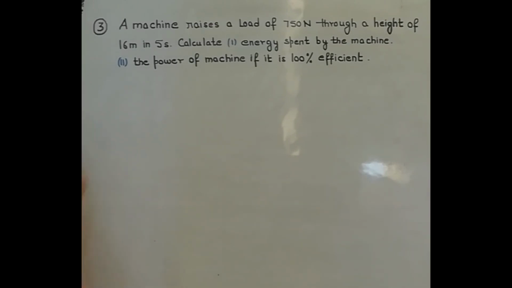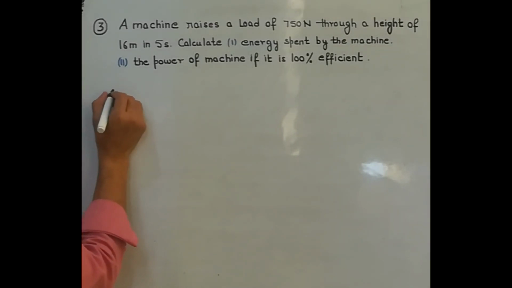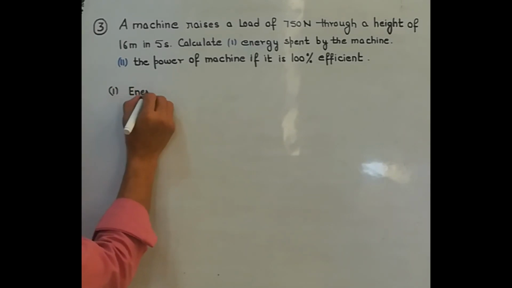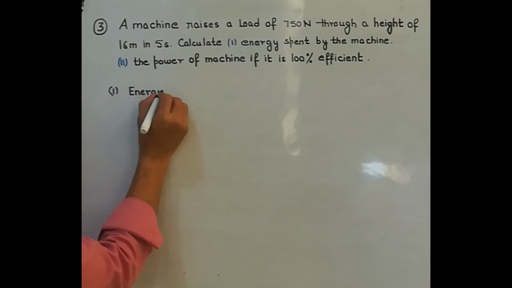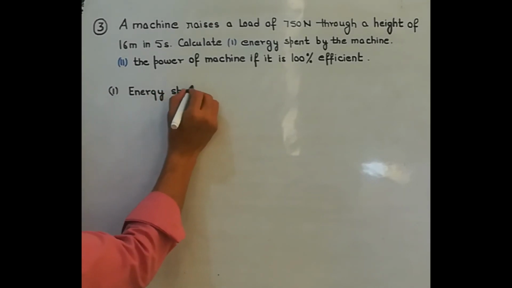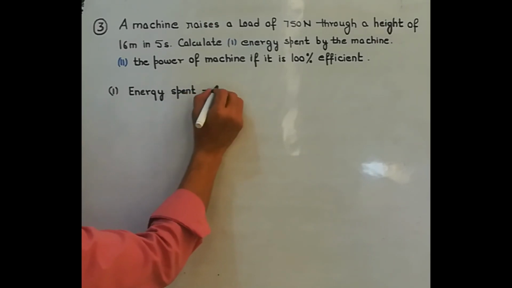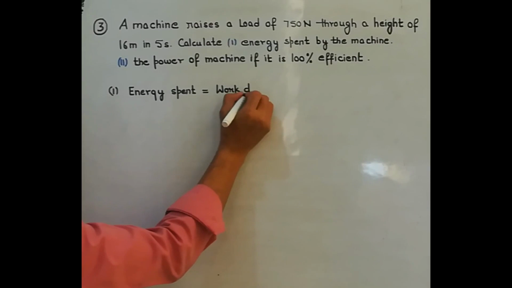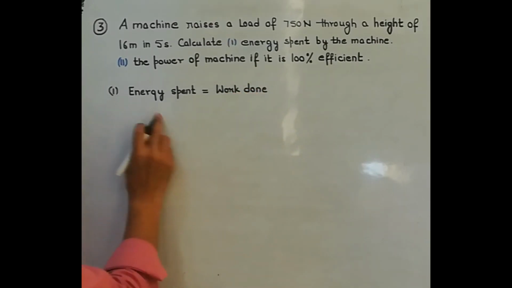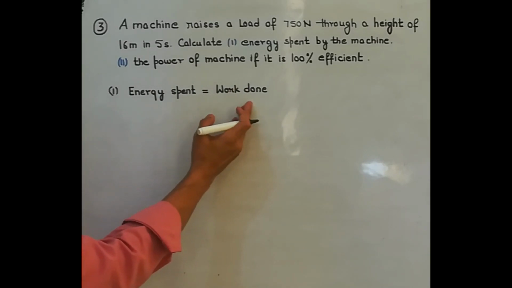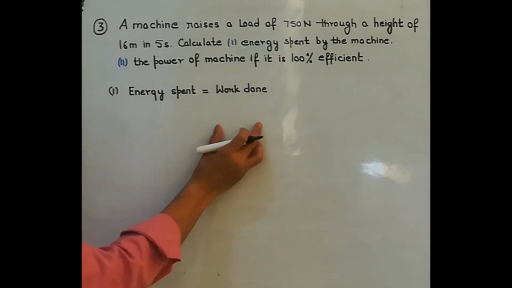That means we are going to calculate work done. So energy spent will be equal to work done, because by the definition we know that energy is the capacity to do work.